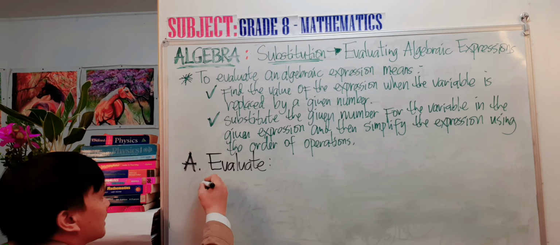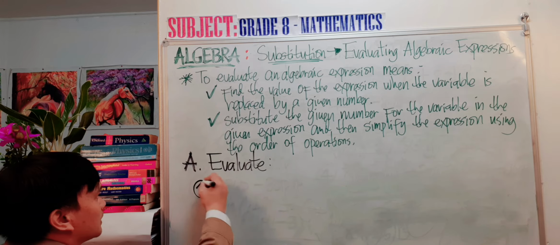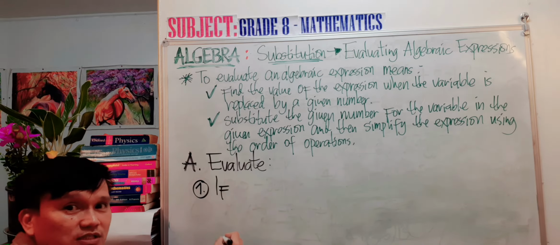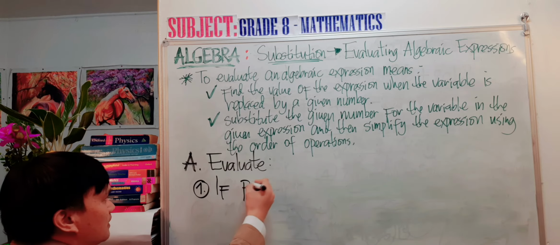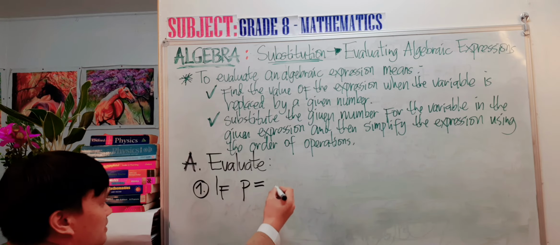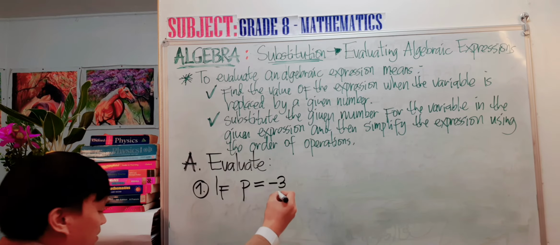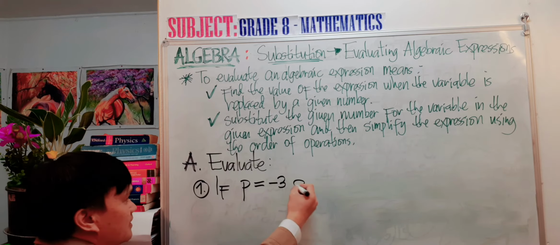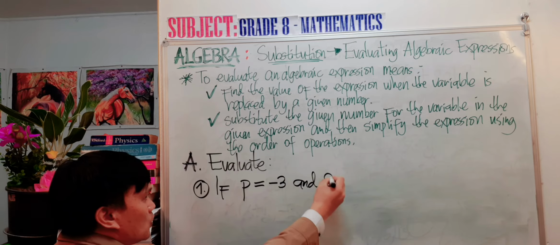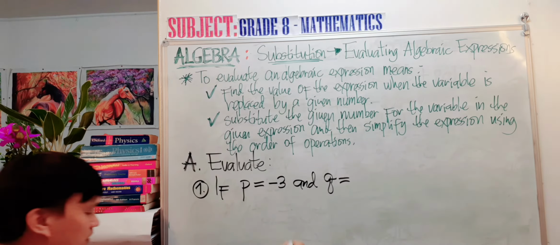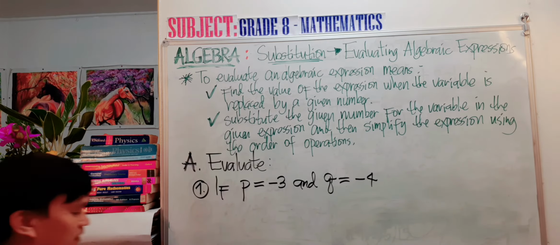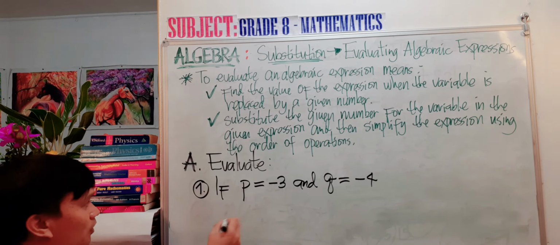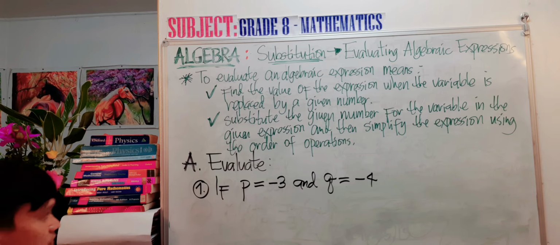So let's have this number 1. Can you see it there? Yes. If P equals -3 and Q equals -4, what would be the value?